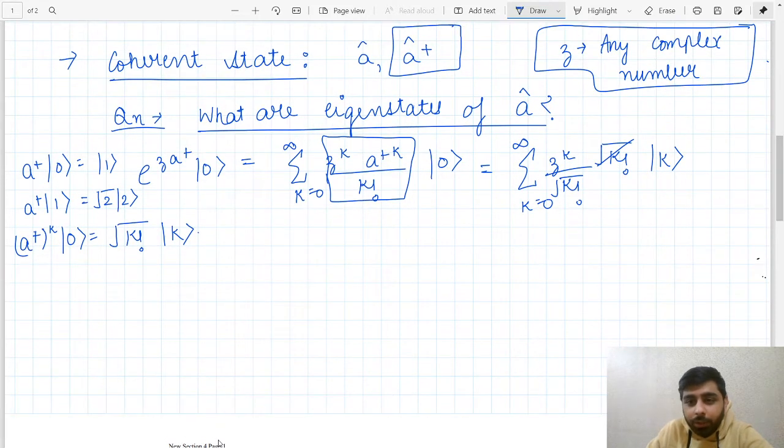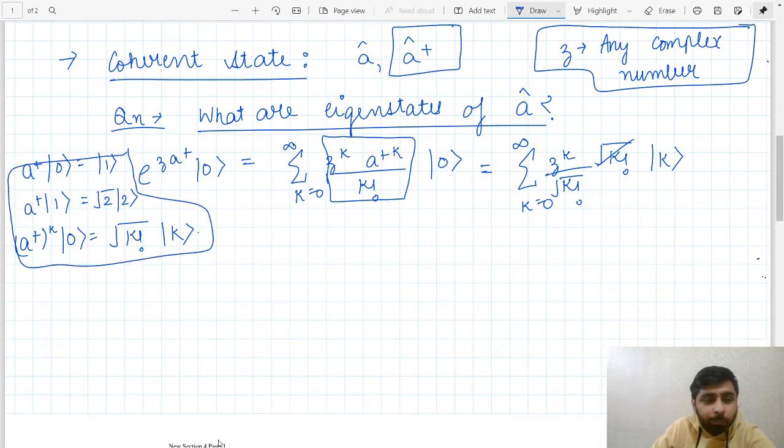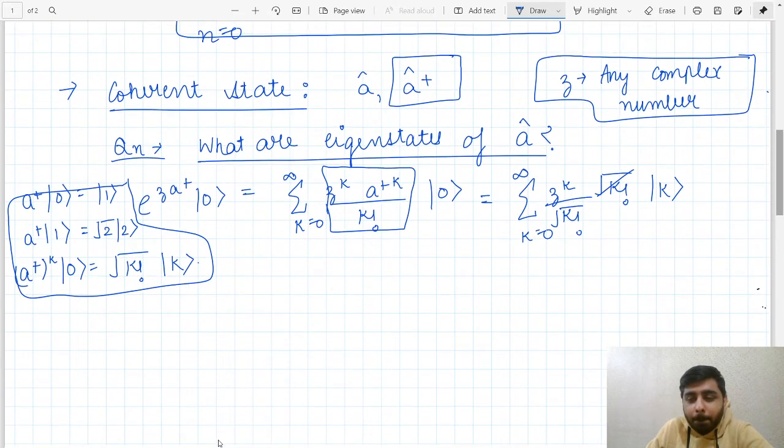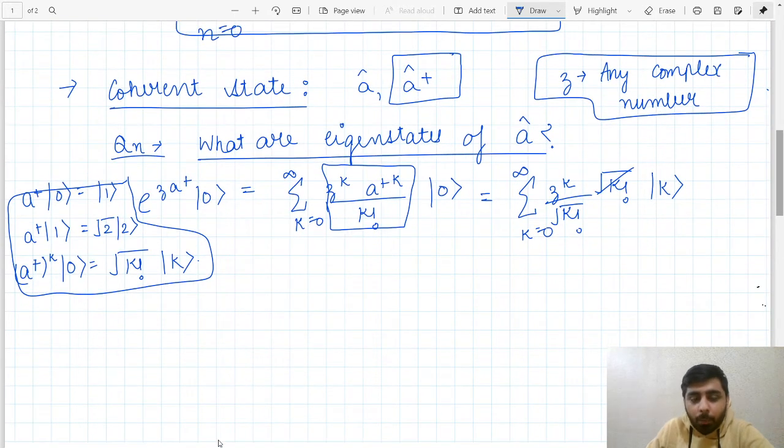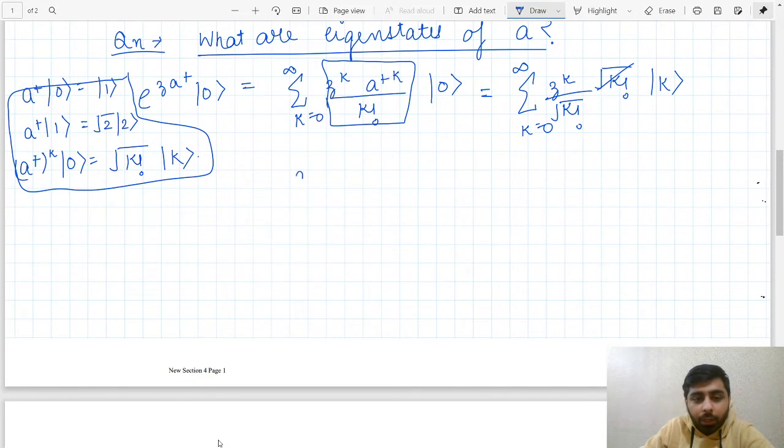Now let's apply the annihilation operator A on this and see what we get. So k equals 0 to infinity.